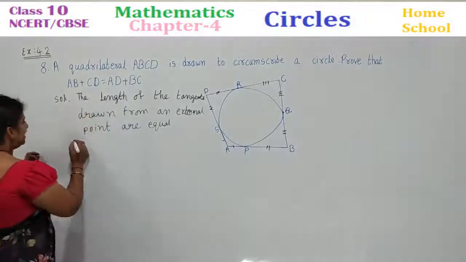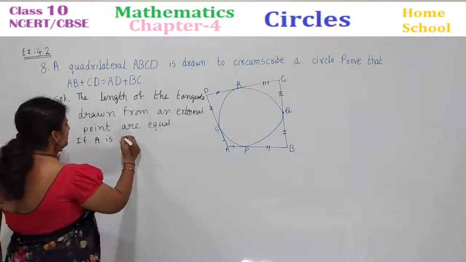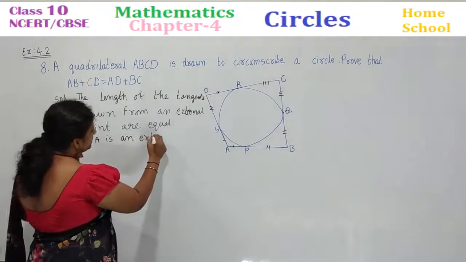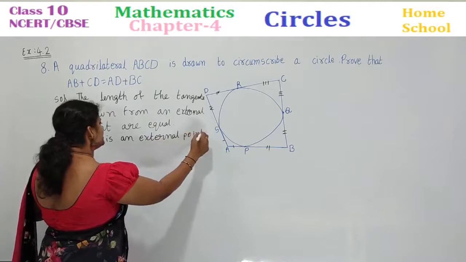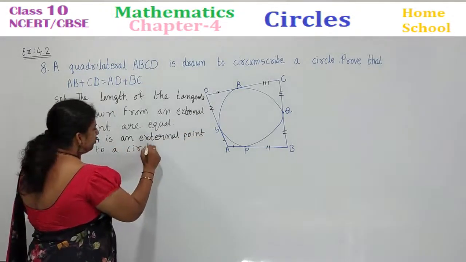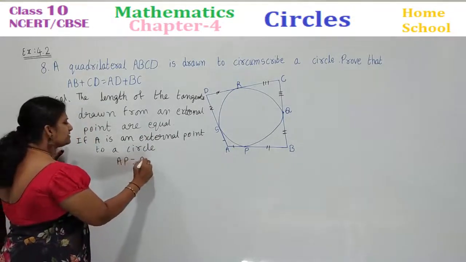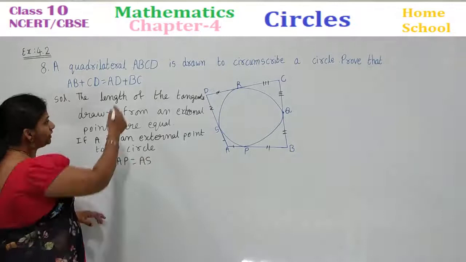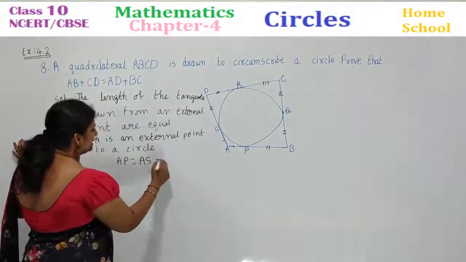So now, if A is an external point to a circle, then what can I write, children? AP is equal to AS. Will you accept? According to this theorem statement, I write that AP is equal to AS.